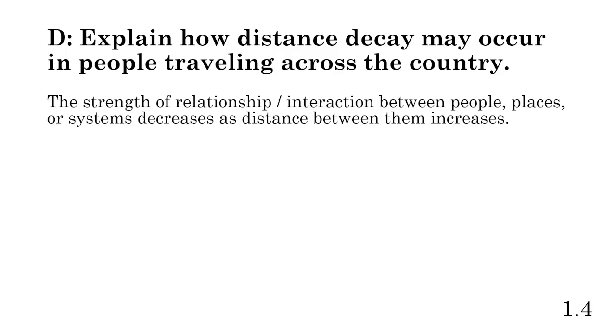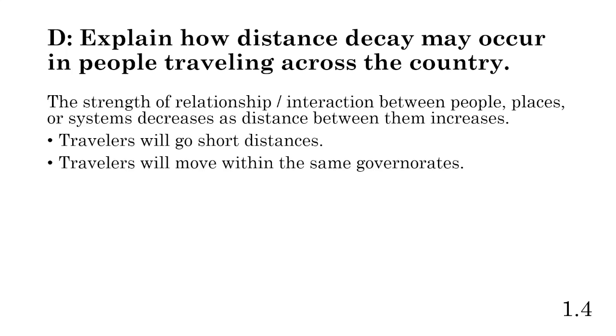So explain how distance decay may occur. We know what distance decay is. Here's the definition again: the strength of relationship decreases as distance increases. Think of that graph. As distance increases, the travel decreases. So how could that occur between people traveling across the country? Well, travelers will go short distances more frequently.